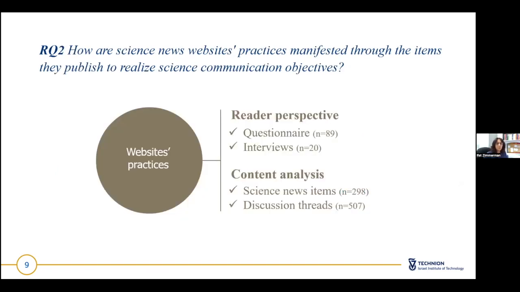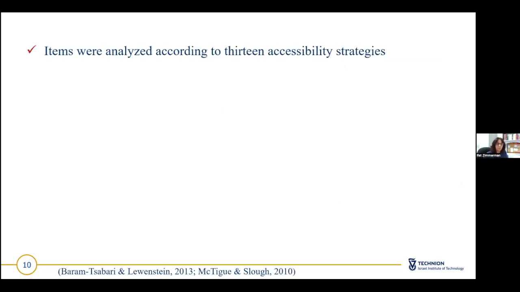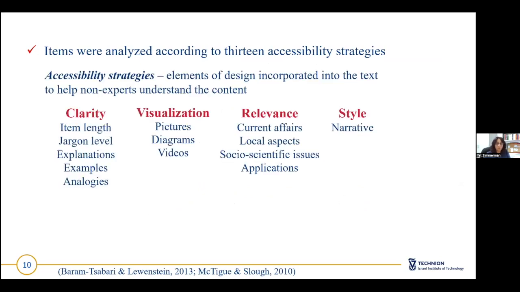Websites practices were studied through reader questionnaire and interviews to understand from their perspective the extent to which the websites made efforts to pursue each objective. To learn more about their practices, we content analyzed their items and the discussion threads. Items were analyzed according to 13 accessibility strategies.